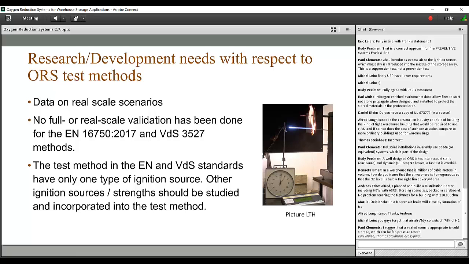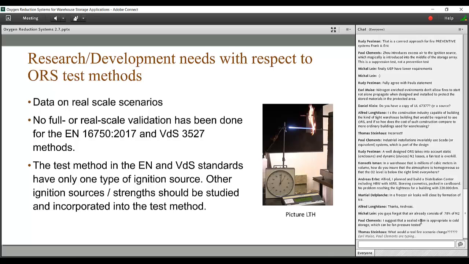I think this is an important part: a test method reflects a specific set of conditions, but we need a real scale scenario, and that real scale scenario of course depends very much on your application. So it's not a simple item to solve, but it's an important part which has to be done. It's also not one where you have a lot of data, as I mentioned.